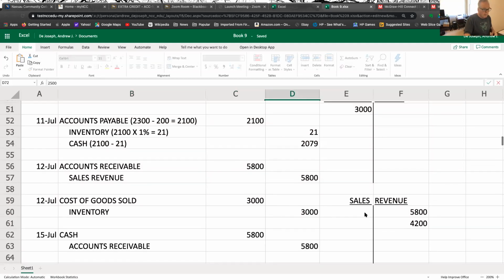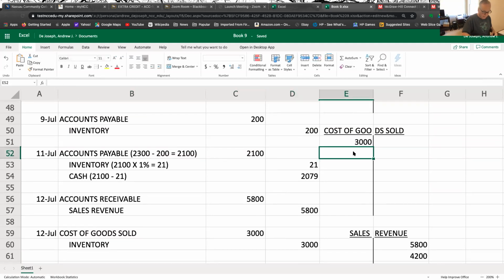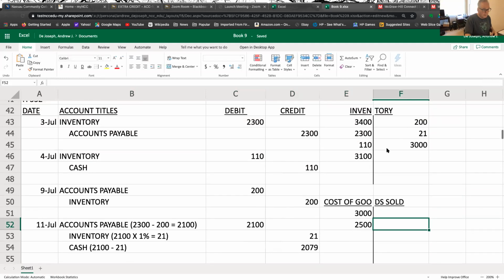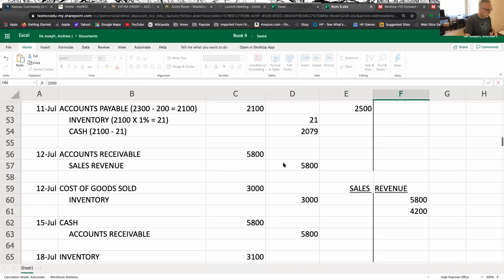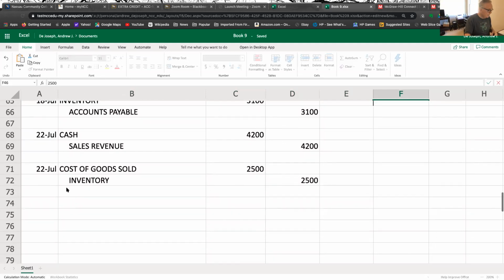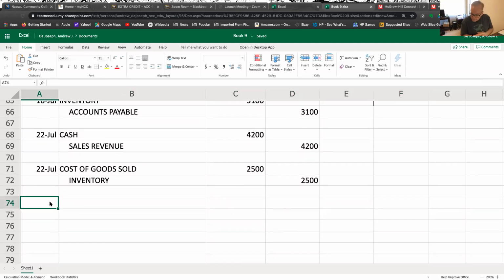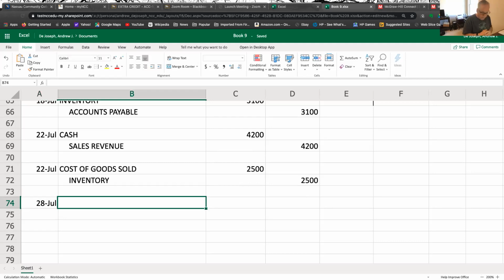So let's come up here. Debit cost of goods sold and credit inventory. And then on July 28th, we're making a return.